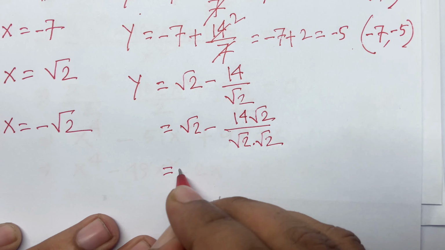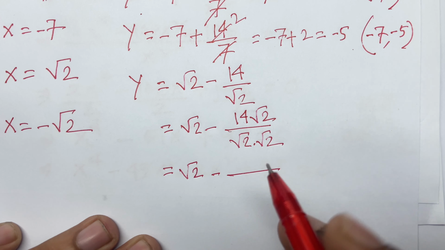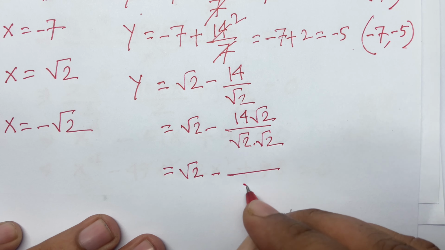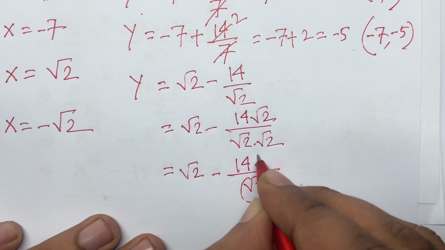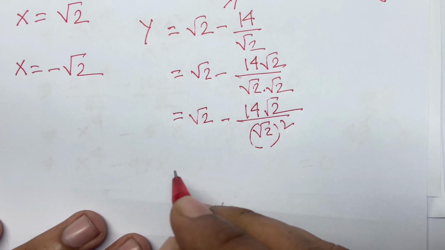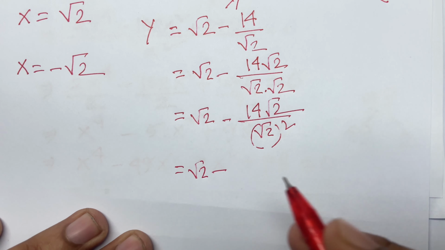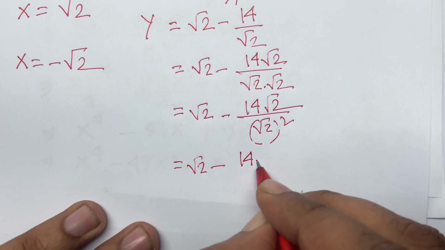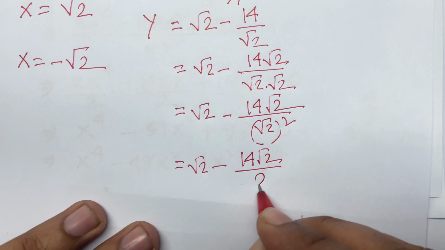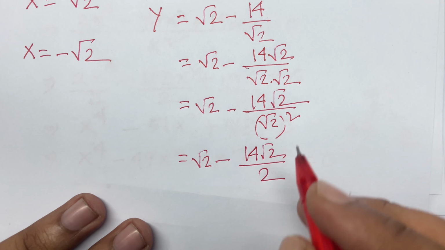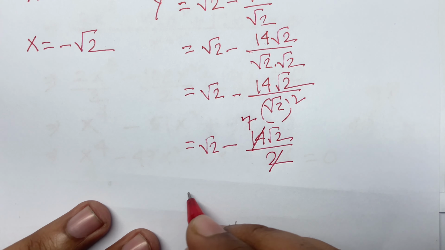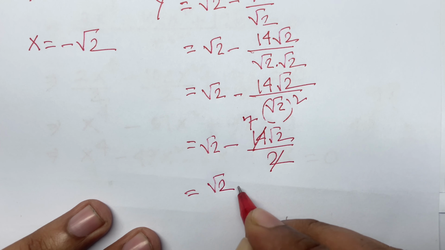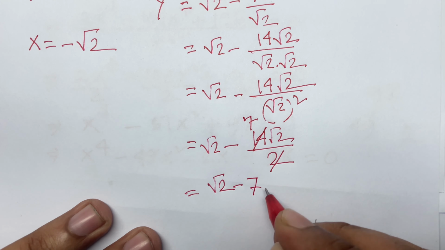Now square root 2 minus 14 square root 2, and we know that square root 2 times square root 2 is equal to 2, so here is 14 square root 2 divided by 2, because of that the square root is cancelled. This time 14 divided by 2 is equal to 7, and here is square root 2 minus 7 square root 2.